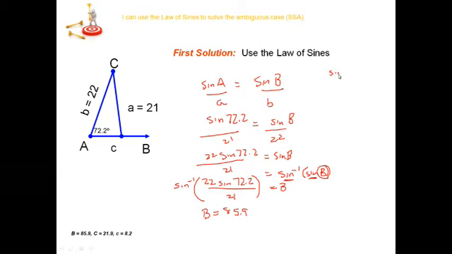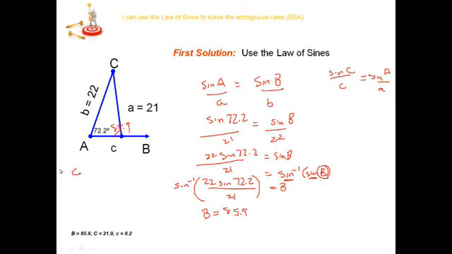So I have the sine of C over C equals the sine of A over A. Now notice here, I forgot to go back and solve for C. So I know that B is 85.9.